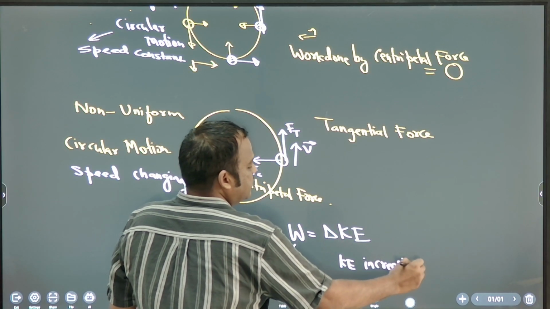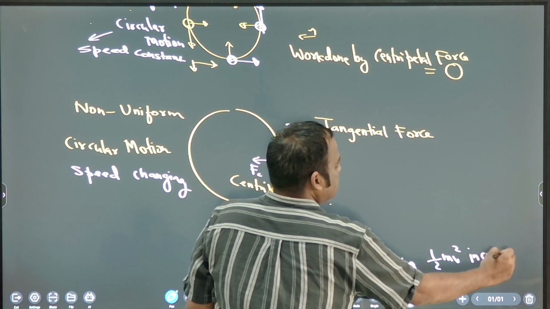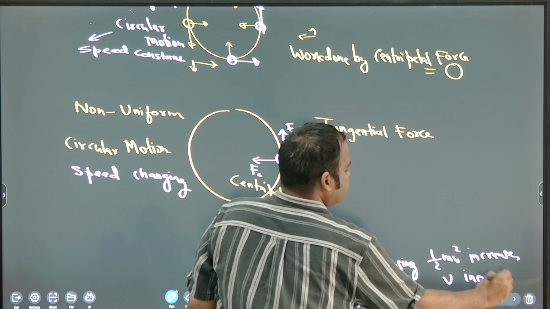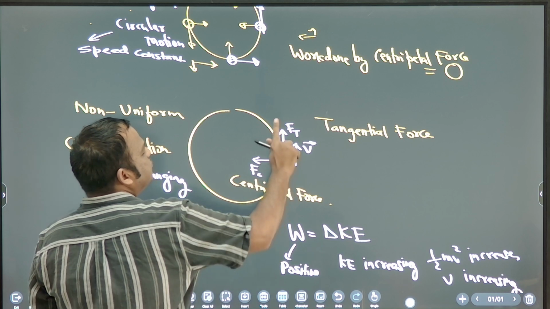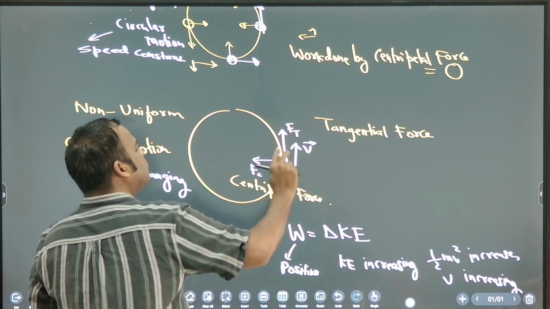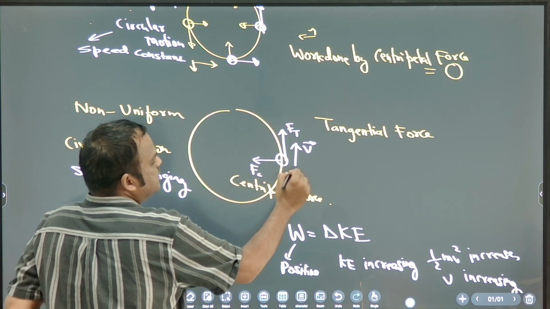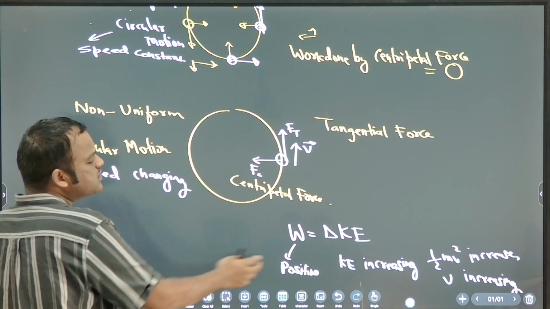Kinetic energy increasing means half mv square increasing. If half mv square is increasing, then v is increasing, speed increasing. If work done is positive, tangential force and velocity are parallel, same direction. So speed increases, work done is positive.